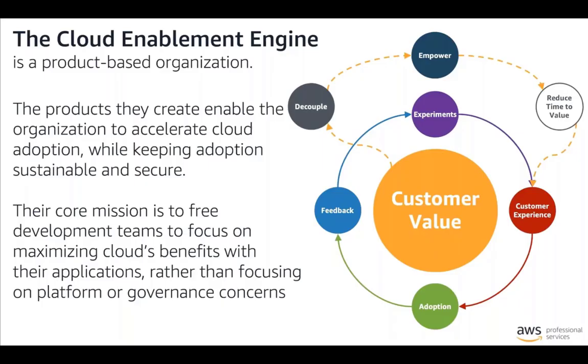The Cloud Enablement Engine is a product-based organization. The products that they create enable the organization to accelerate cloud adoption while keeping adoption sustainable and secure. The Cloud Enablement Engine's core mission is to free development teams to focus on maximizing the benefits of cloud with their applications, rather than focusing on platform or governance concerns.